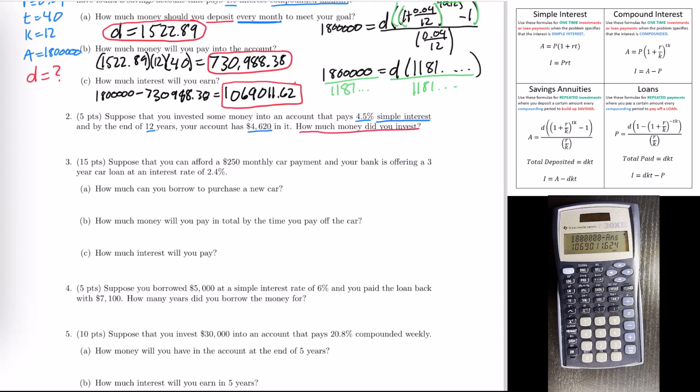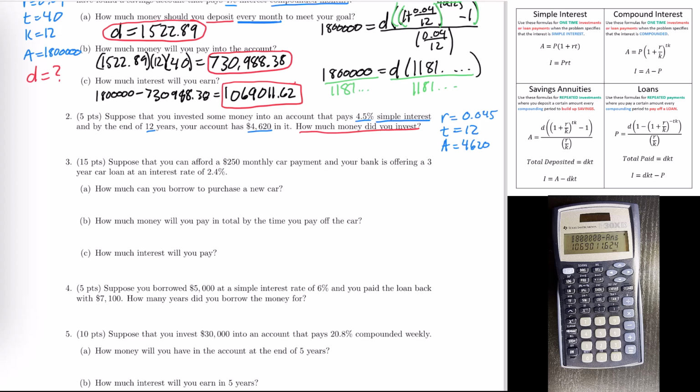Okay, so if we go through and identify our variables here, the easy ones to identify is that the interest rate is 0.045, and time is 12 years. And then the 4,620 is the amount of money we have at the end of our investment. So that means that that's A. So 4,620.